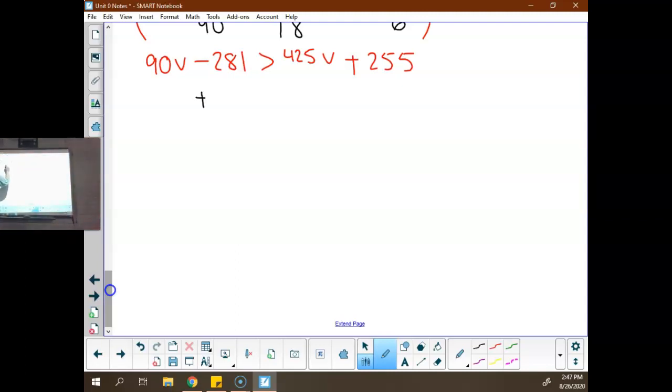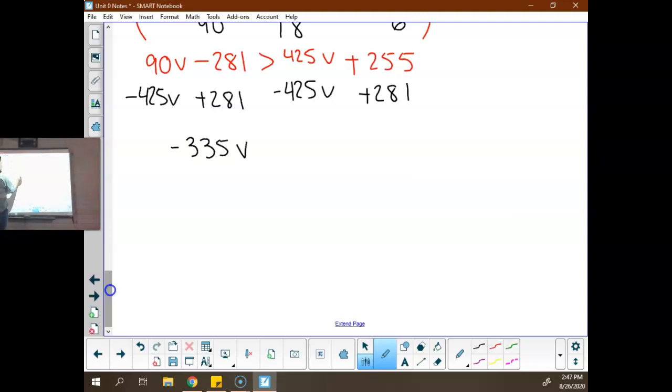So I'm going to move my 281 over here, and I'm going to move my 425V to this side. So I've got negative 425 plus 90. This is negative 335V, and that is greater than 255 plus 281, and that is 536.